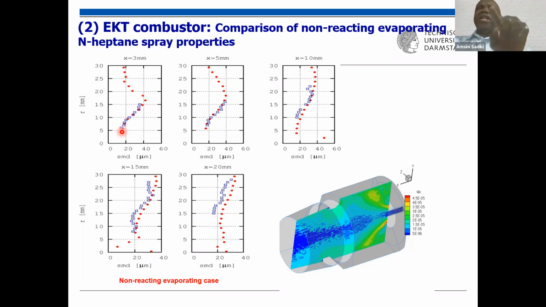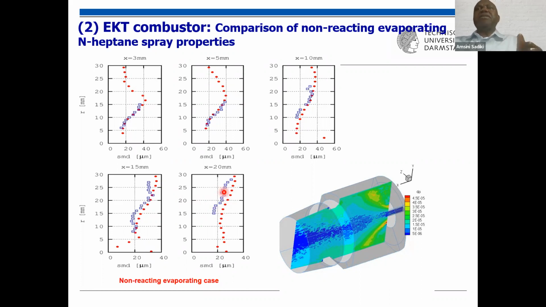So we have only a very limited access to the domain. So we have only this view here, but by means of numerical simulation, we can obtain the whole view of our combustion chamber. And here we see that we have the radius, so we can directly have the overall behavior of the spray within this chamber, which is not the case with experiment.